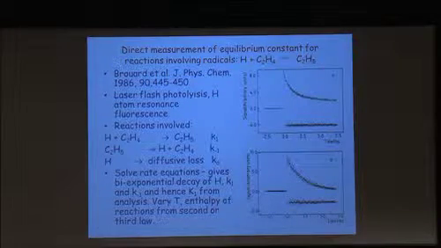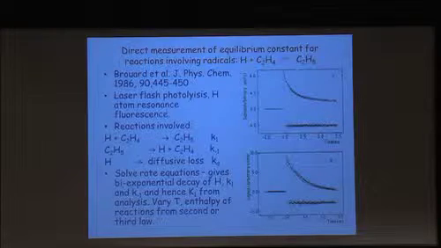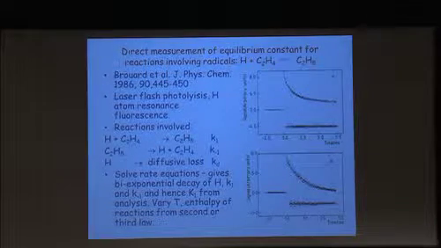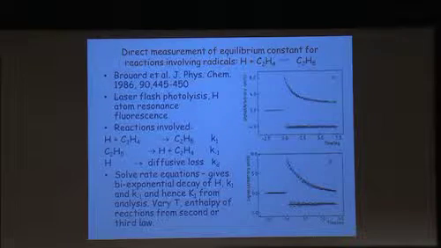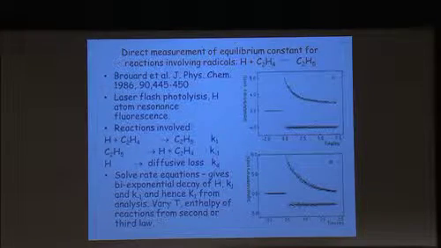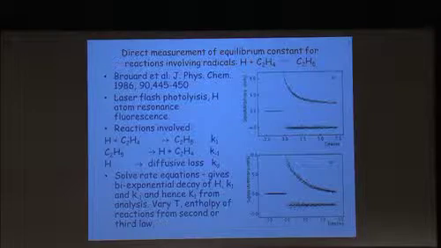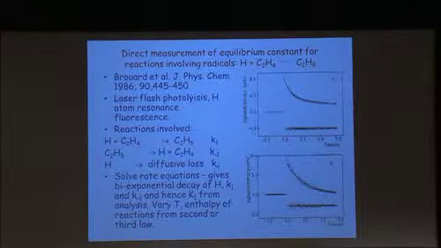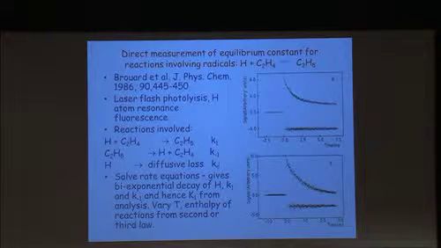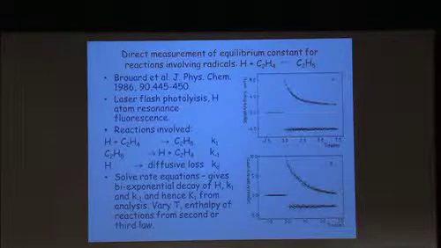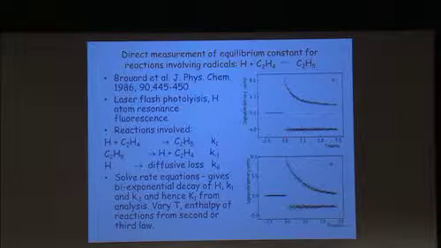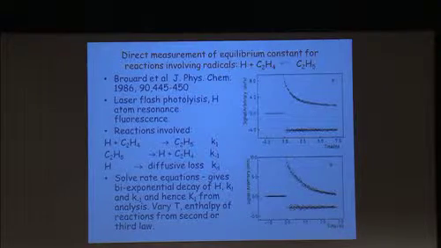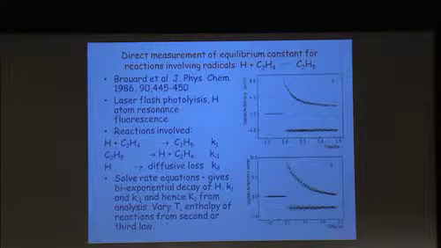If you go up to temperatures of something like 800 K, then you get this different profile here, where what is happening is H plus C2H4 and C2H5 are equilibrating, and then there's a slow loss of that equilibrated system. But by analyzing those data, you can get the forward rate coefficient, the reverse rate coefficient, and the equilibrium constant, and then go through this same sort of analysis here.